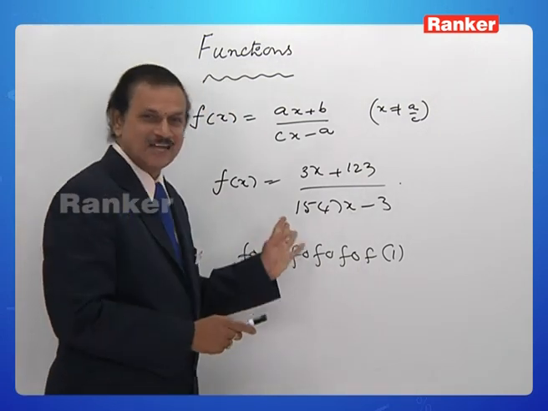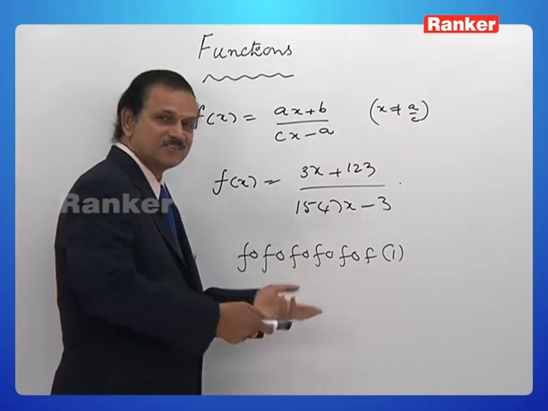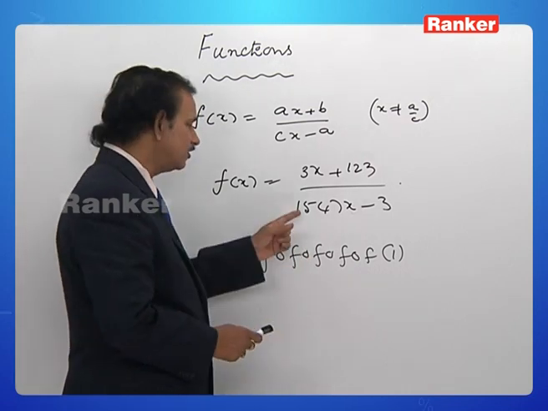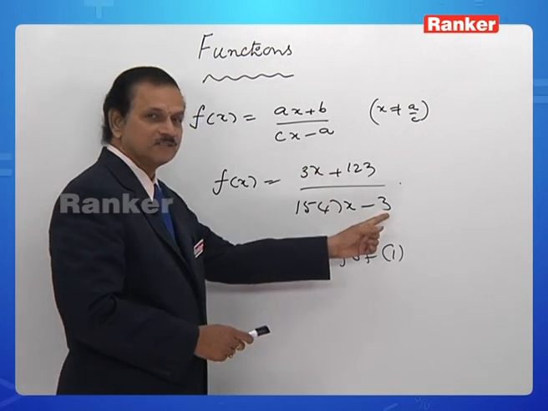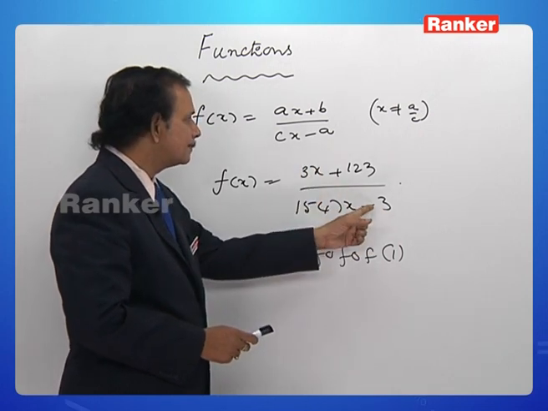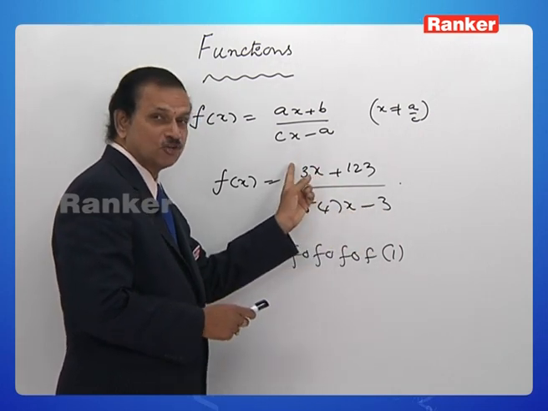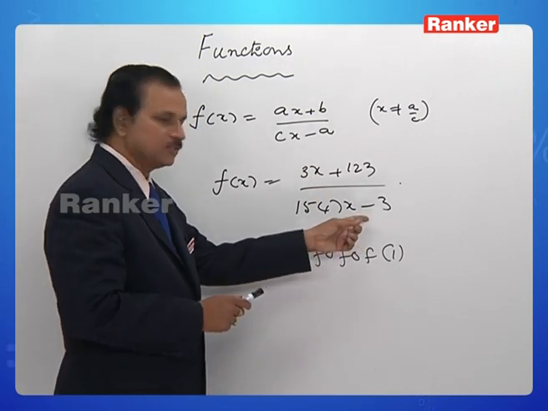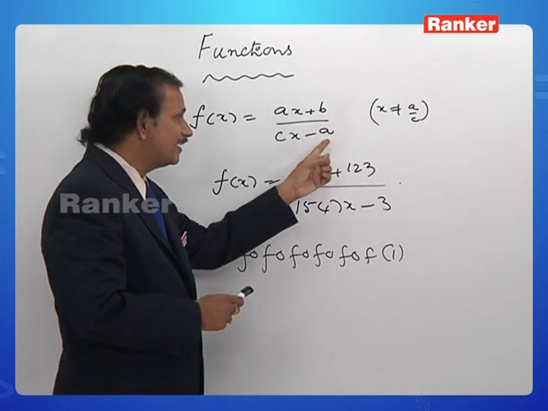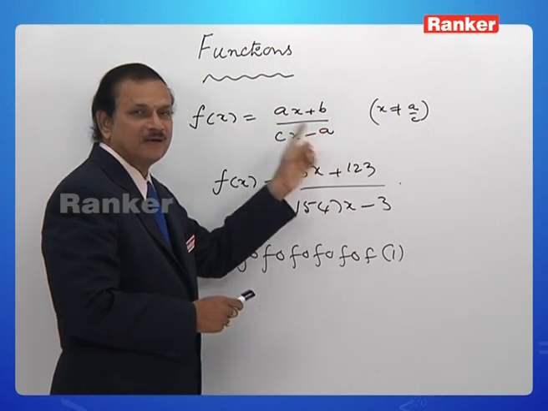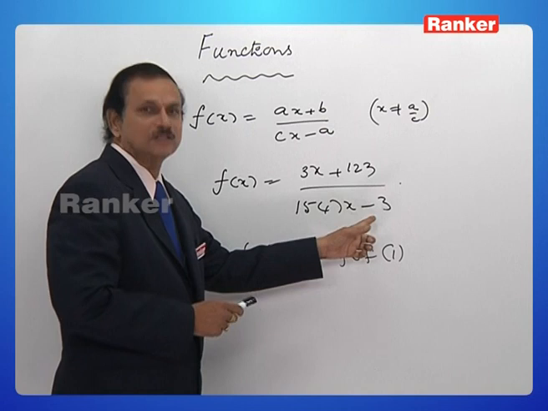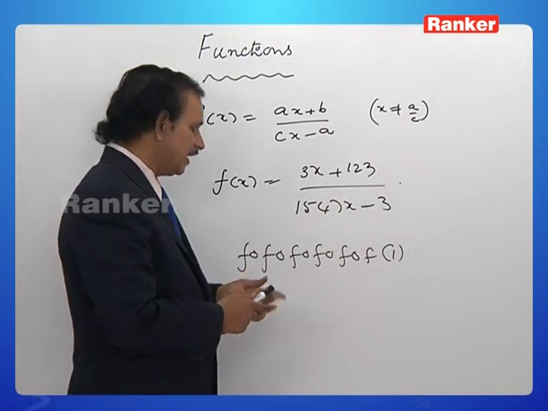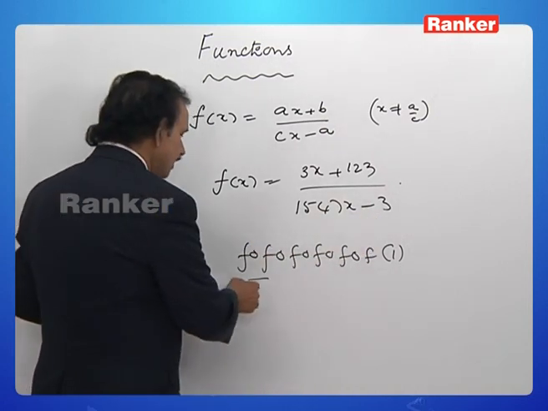As the context arises, I would like to mention this concept. You observe here, 3 minus 3. 3x, coefficient of x in the numerator by constant term in the denominator. What is that? Minus 1. Coefficient of x by constant term is minus 1. So, f circle f is I.